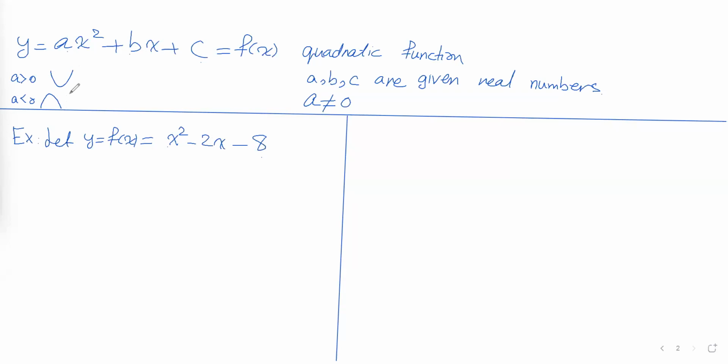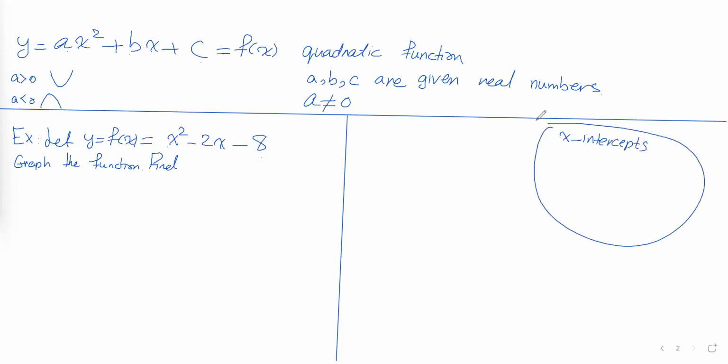So what I'm going to do is graph this function. There are a lot of ways to graph this function. Here is what I'm asking: graph the function, find x-intercepts. I forgot to tell you, there are a lot of people who forget this and keep asking me on test day, what are zeros, what are roots? X-intercepts mean zeros, the same terminology, or roots.